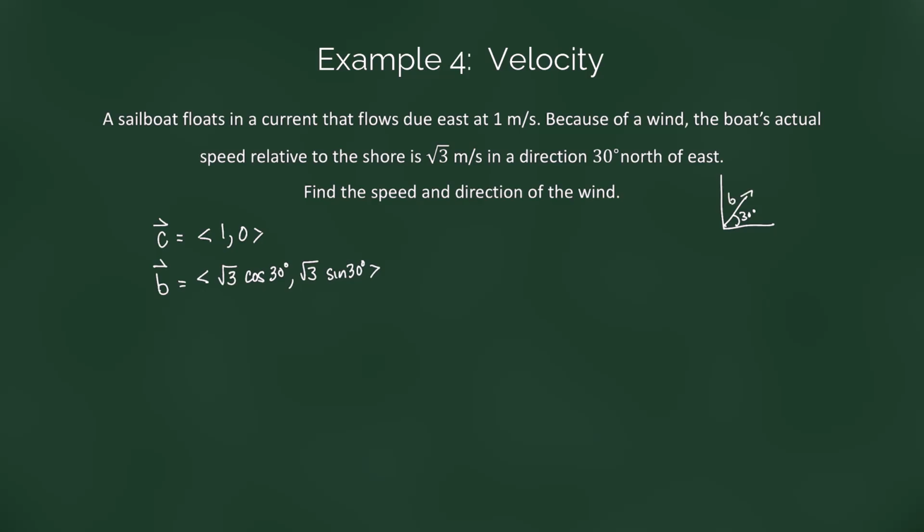So our boat vector is that one, but we know that the boat velocity is going to be the combination of the current plus the wind. And what we're looking for is we want to find the wind vector. So another way to write this is that the wind vector is going to be the boat vector minus the current vector.